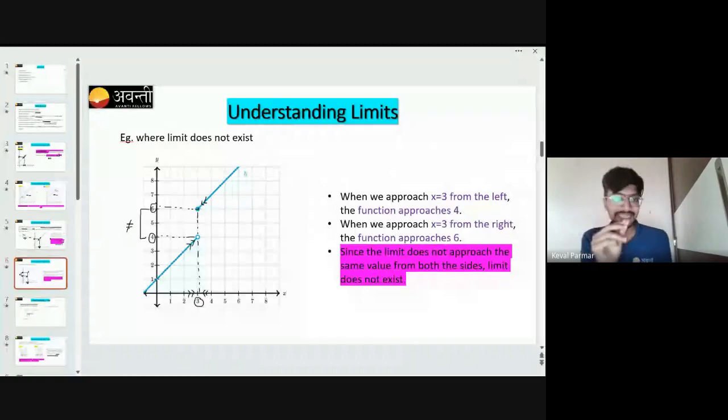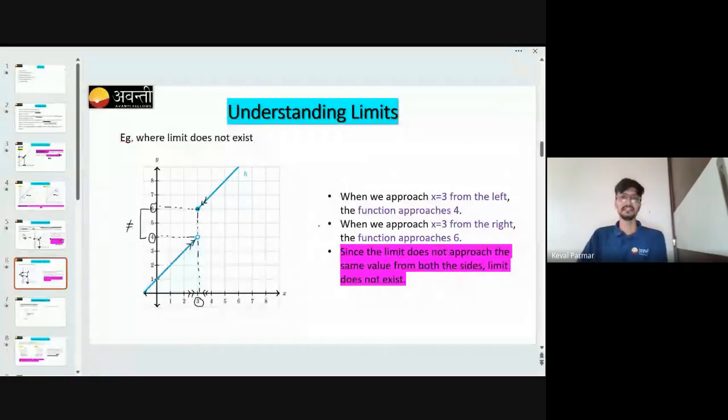So here is a very simple case where we can say the limit does not exist. I hope it is all clear what the difference is between functional value and where the limit does not exist. I'm taking graphs because it is easier for you to understand. We'll obviously take functions with algebraic expressions and learn how to calculate that.